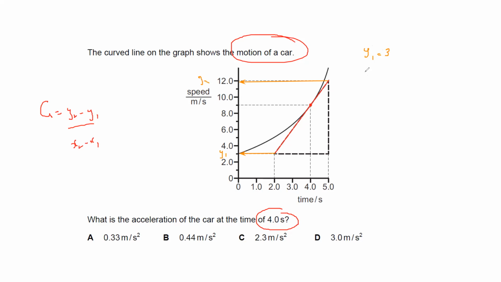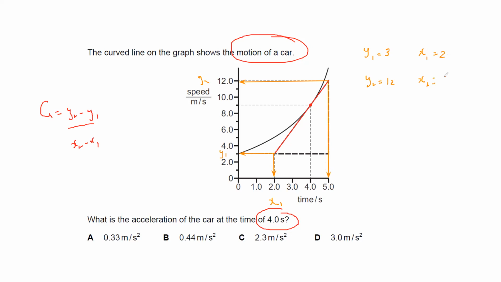So y2 is 12. Then when we check the x-axis, the first point on the x-axis is called x1. So what is the value of x1? That's 2. And what about the value of x2? The second point is equal to 5.